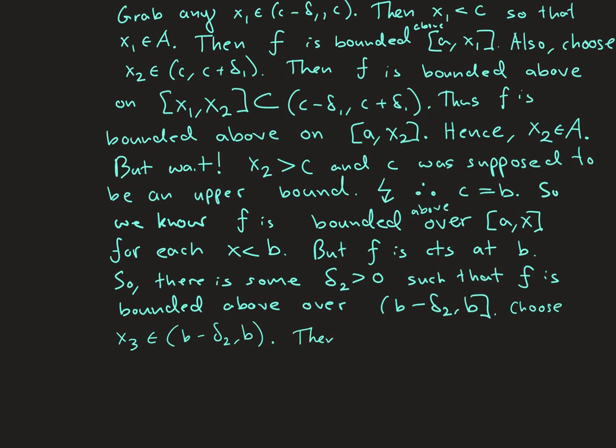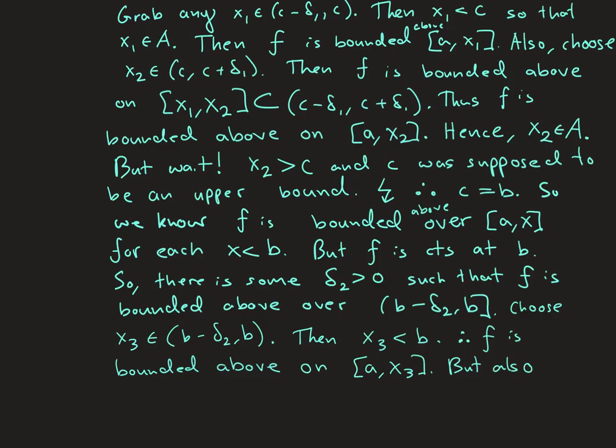Then x sub 3 is less than b. Therefore, f is bounded above on the closed interval a to x sub 3, but also the closed interval x sub 3 to b is a proper subset of the interval from b minus delta sub 2 to b.